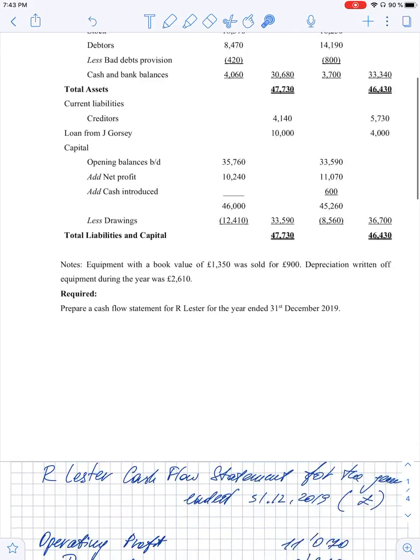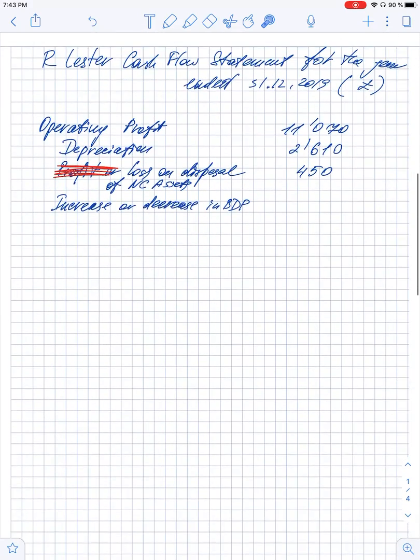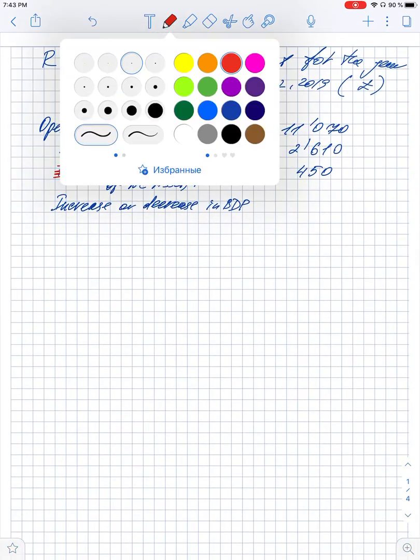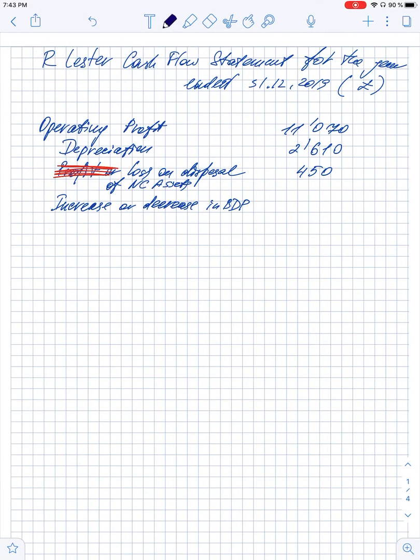So we have to add back the increase in bad debt provision, 380. Basically, these are all non-cash items, and I will leave here the word increase only because an increase is an expense which should be added back. Now we have to consider changes in working capital.